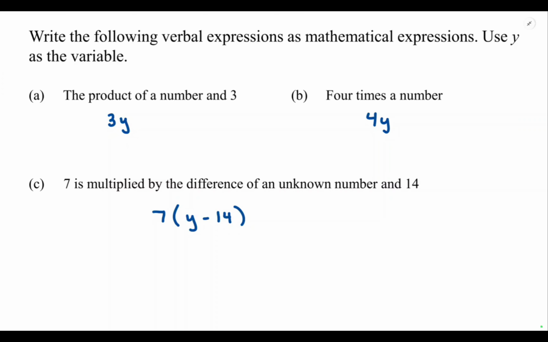It says 7 is multiplied by the difference of an unknown number and 14. The unknown number is y, and you subtract 14 from it, then you multiply by what? 7. So they give you another context of how something can be written, and you have to write it from these expressions.